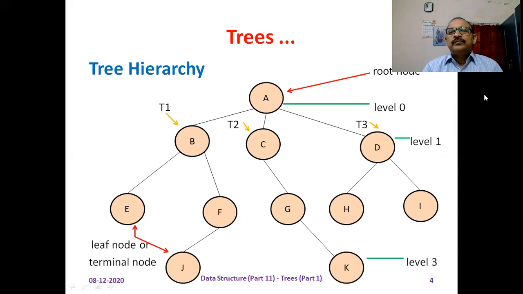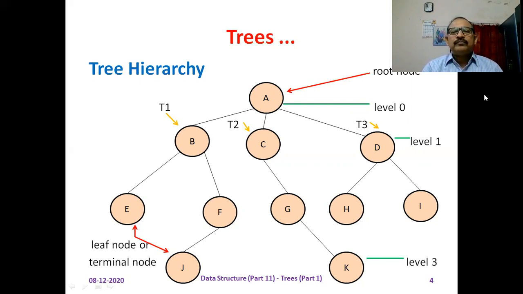Next is a leaf node. The node of the tree which does not have any child node is called a leaf node. Here you can see E, J, K, H and I. These are the leaf nodes, or we can also say terminal nodes, or we can also say the external nodes.